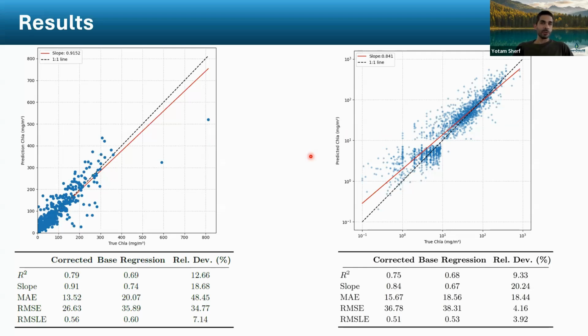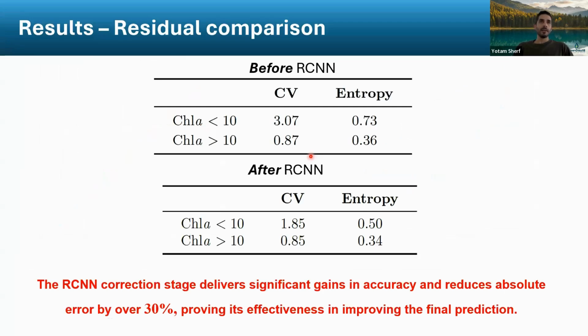Now, to ensure the performance of the model, to understand it, I also tested a residual comparison between the older model before the RCNN and after the residual analysis. And you can see the huge improvement thanks to residual analysis. So the conclusion is the RCNN correction stage delivers significant gains in accuracy and reduces absolute error by over 30%.